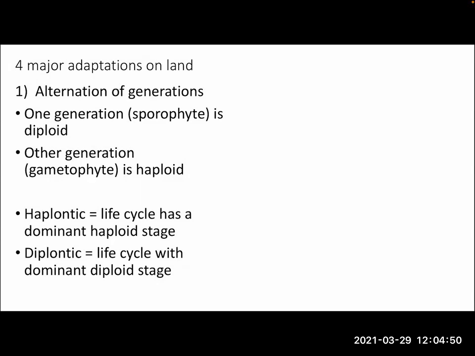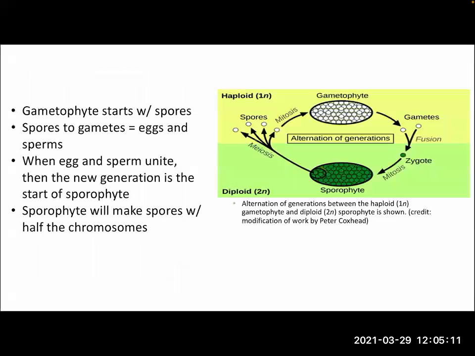And so the actual structures that are growing are diploid, and so a flower has a diplontic life cycle. Now, a moss, the organism that you see growing, is part of the haploid life cycle. And so a moss has a haplontic life cycle.